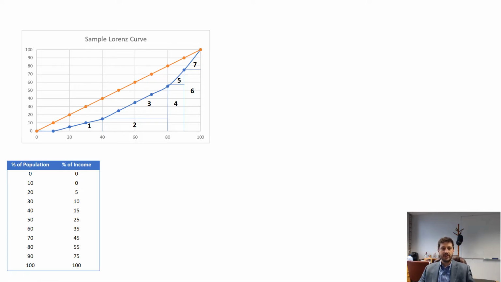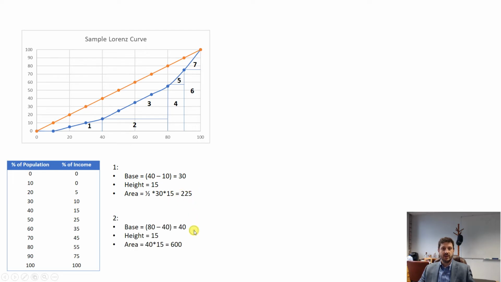Remember that the area of a triangle is just 1/2 times the base times the height. So for 1, the base is 40 minus 10, or 30, and the height is 15 because they get a total of 15% of the income. So the area is 1/2 times 30 times 15, which gives us 225. Now for 2, that's just a rectangle. The base is 80 minus 40, or 40. The height is this 15% of income.